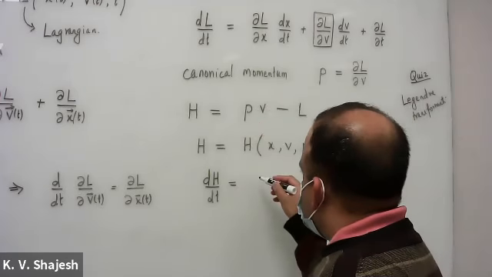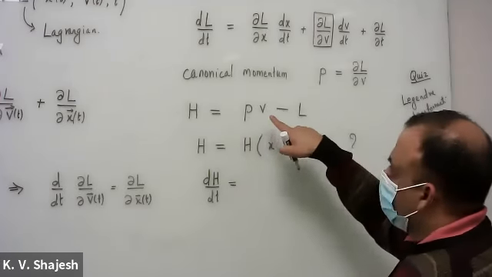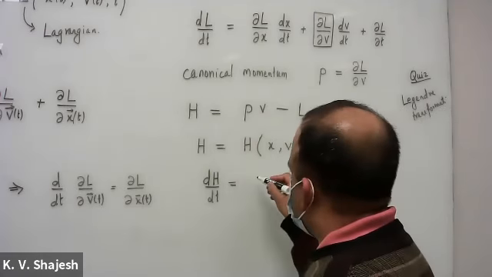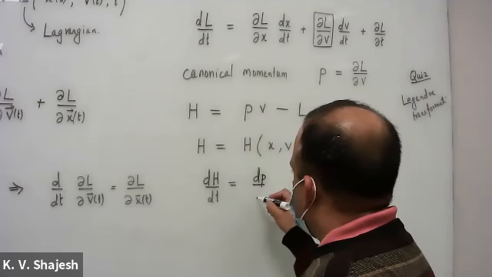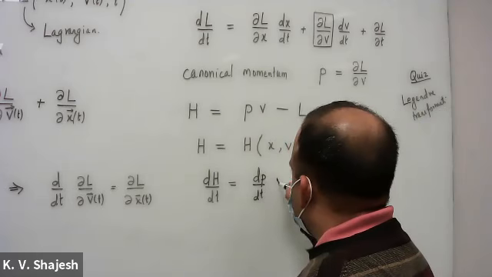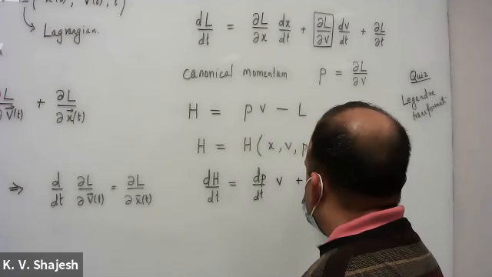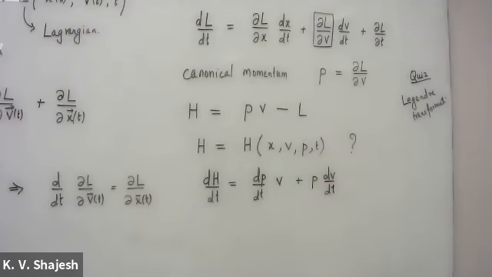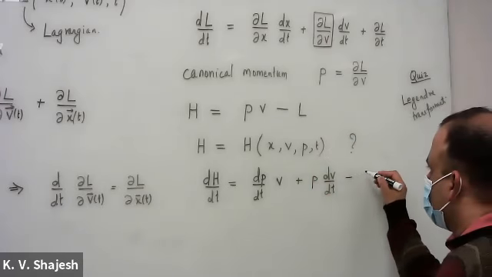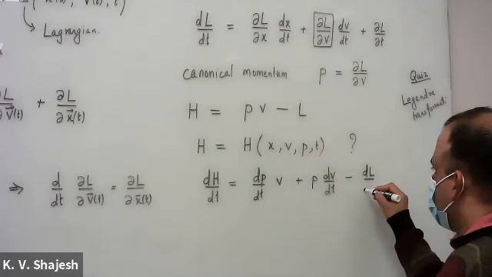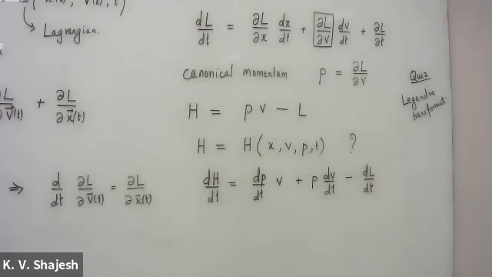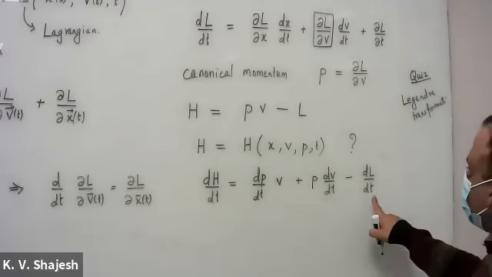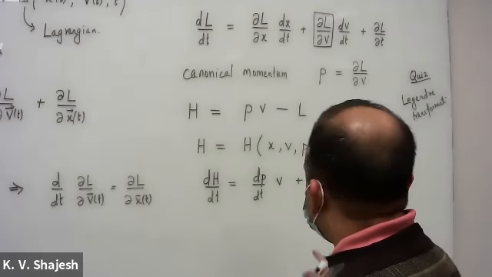This is equal to dp by dt. I can hit on p, v, or on L. So this is dp by dt times v plus p times dv by dt and minus dL by dt. Just mechanically, if I do this, that's what I get. But now I substitute the total derivative of the Lagrangian in here.